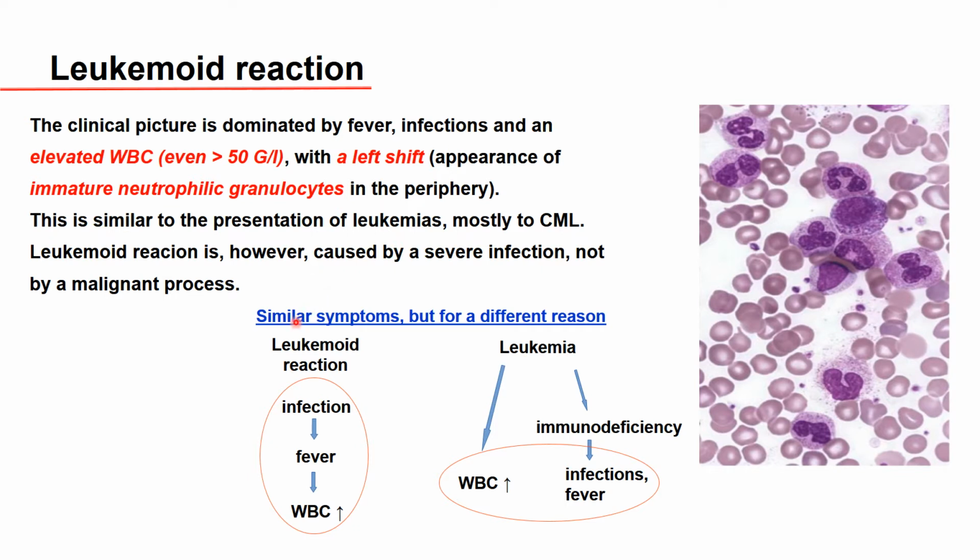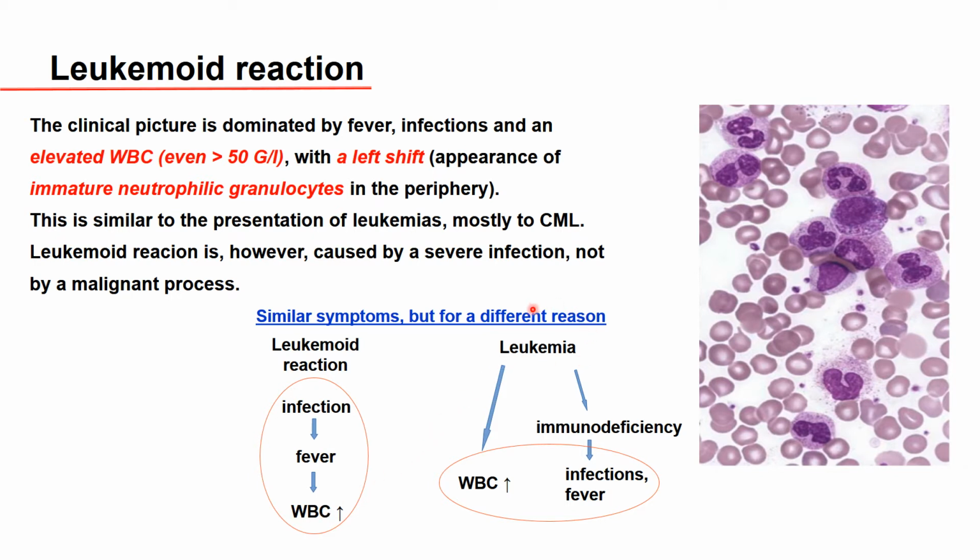Especially in these two cases, in leukemia and in leukemoid reaction, similar symptoms can develop, but for different reasons. As I already said, in the leukemoid reaction, when we do have an agent that causes infection, that infection as a systemic reaction will cause fever and increased white blood cell count. So this is the scheme, because the body wants to be protected.